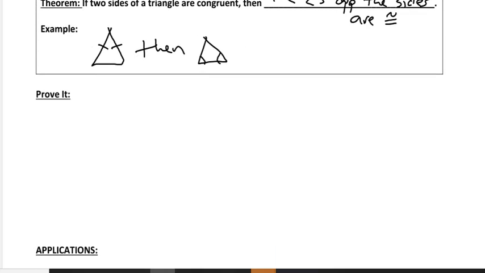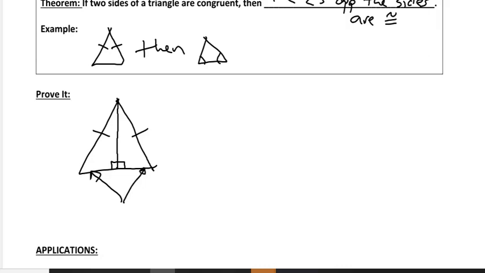If we have these being congruent, well, all the proofs we've been doing so far have had two triangles. So what I can do is drop this down, and that's a right angle. And I could show that now these angles must be congruent.